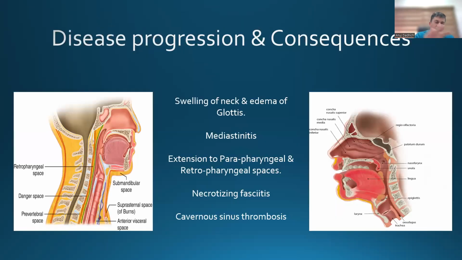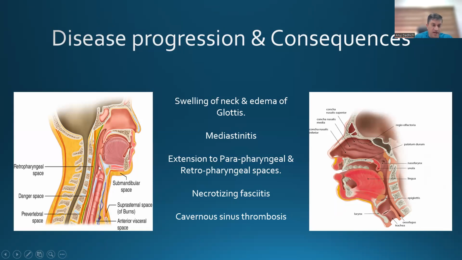Now the same thing we are trying to explain through the diagrams. Okay. A swelling involving the submandibular and sublingual spaces can spread inferiorly and involve the epiglottis, causing epiglottitis. The disease can spread along the carotid sheath, along the suprasternal spaces and reach the mediastinum, causing mediastinitis.